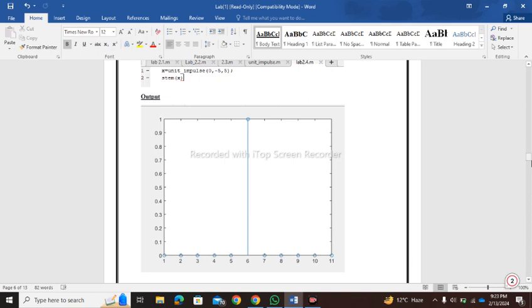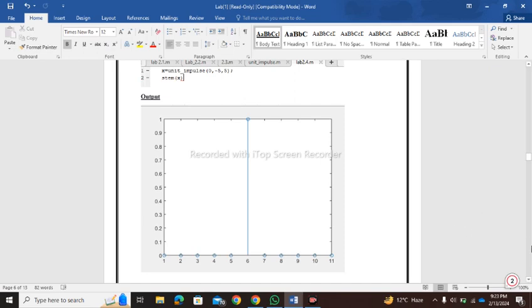Now we have the unit impulse function. We can also have different limits of n, so we can get an output which shows that at 0 we have the impulse and at other values it is 0. Next we have an example of the unit step function.